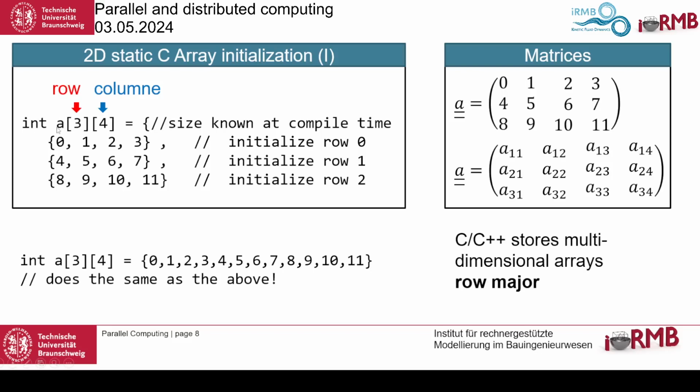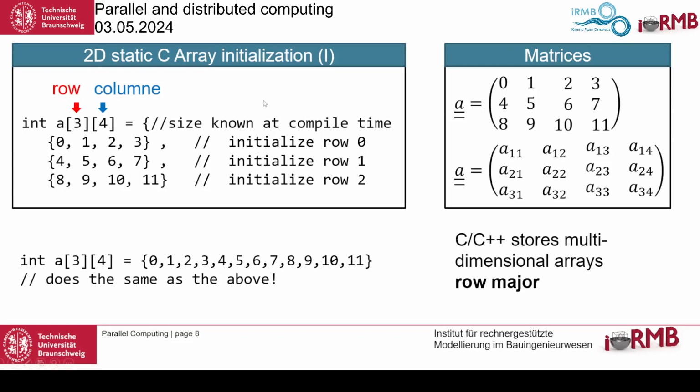For example, you put an int a with 3 rows and 4 columns, and then you would define it like this. So you would write row 0 first, row 1 second, and then row 2 third.